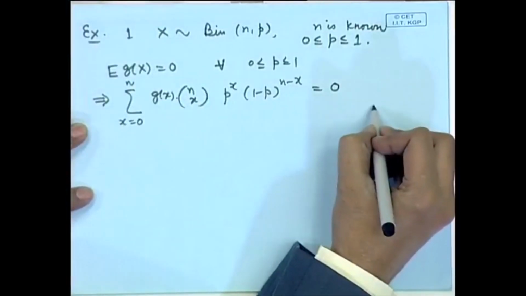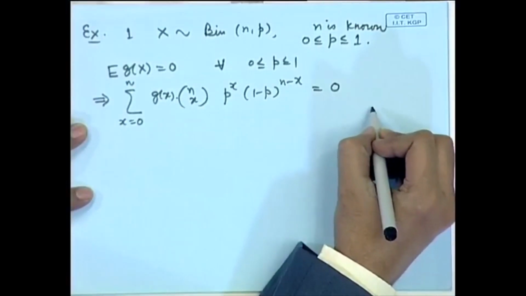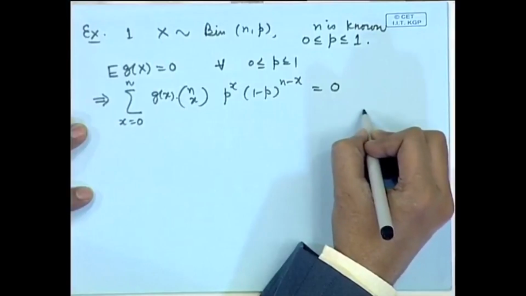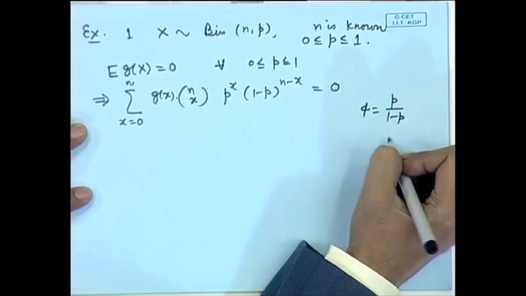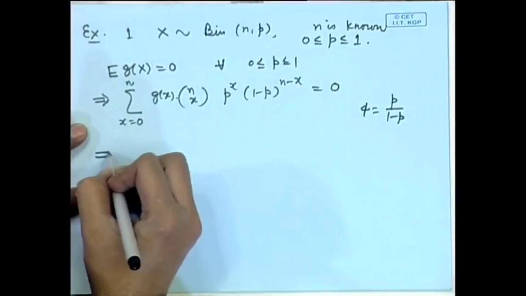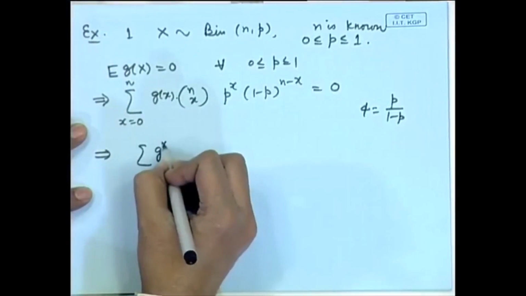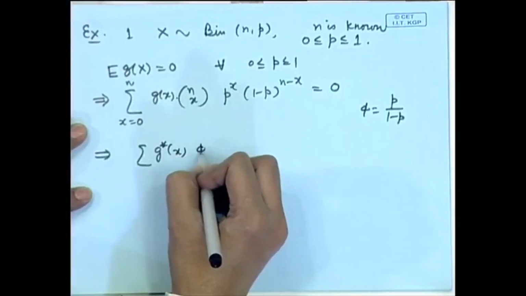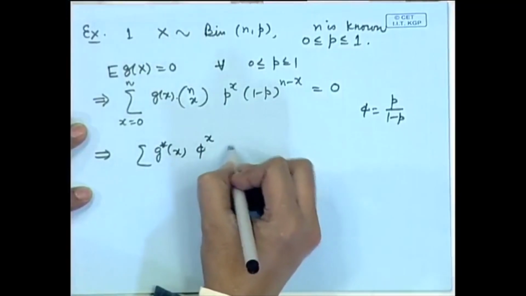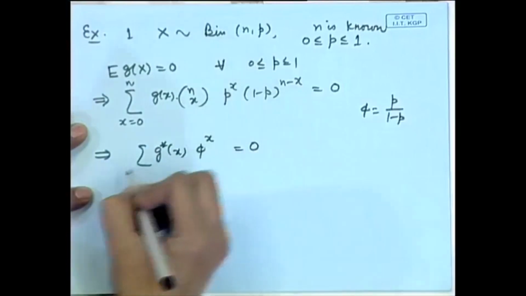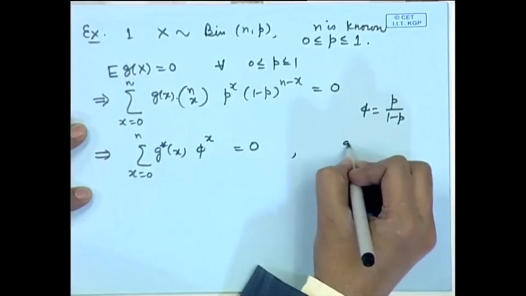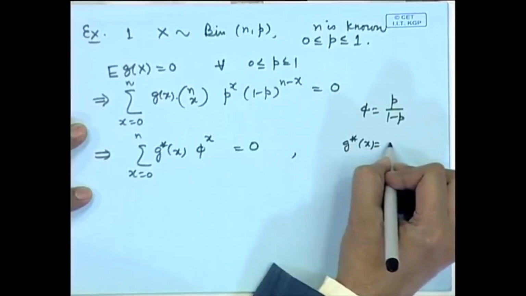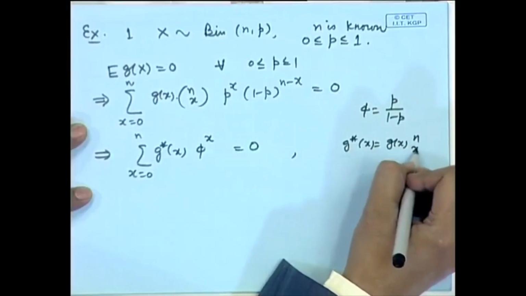We may introduce a term called, say, phi is equal to p by 1 minus p. Then this term I can write as sigma g*(x) phi to the power x is equal to 0 for x equal to 0 to n, where g* I have written as g(x) into nCx.